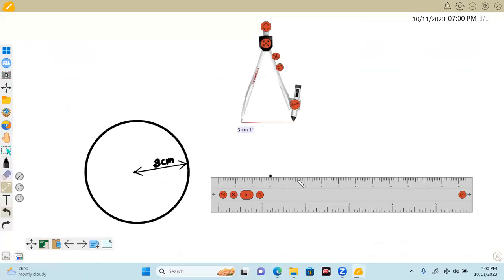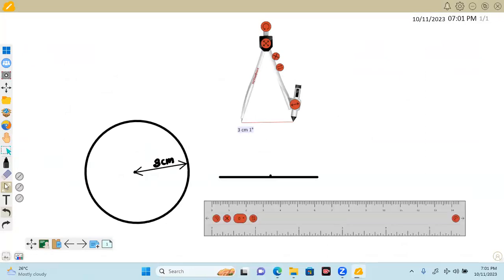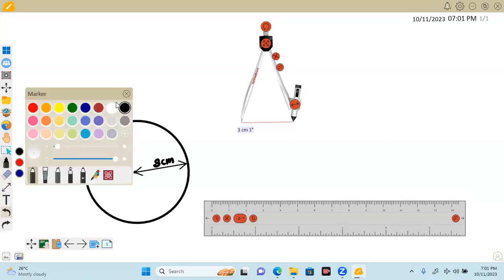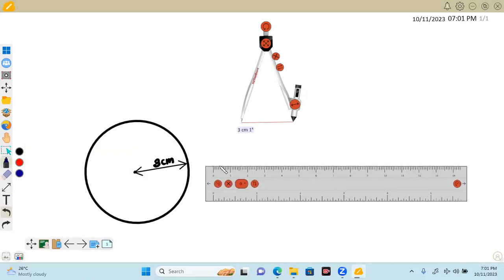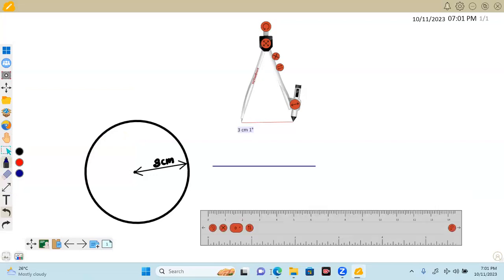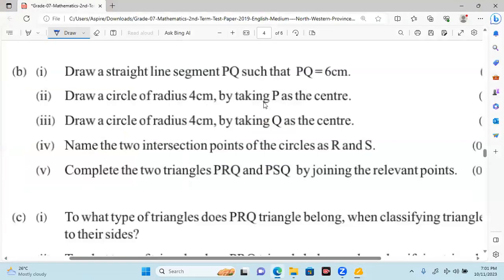Then it says draw a circle of radius 4 centimeters by taking P as the center.